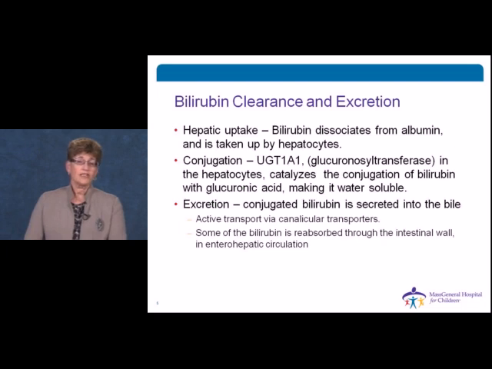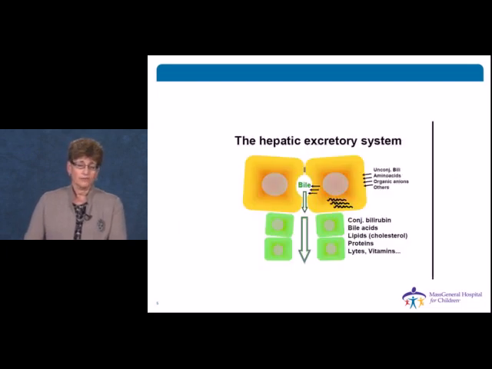Some of the bilirubin is then reabsorbed through the intestinal wall in the enterohepatic circulation. Now, I have a cartoon of this here from Georgie Becerra, and we'll come back to this cartoon. I just want to introduce it now, as later we review the different defects that can cause cholestasis and liver disease.